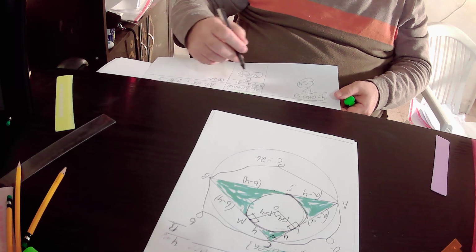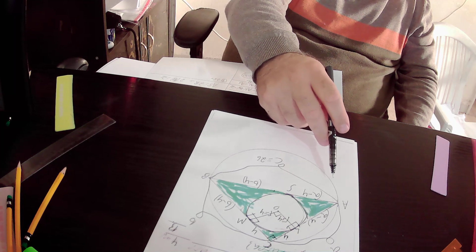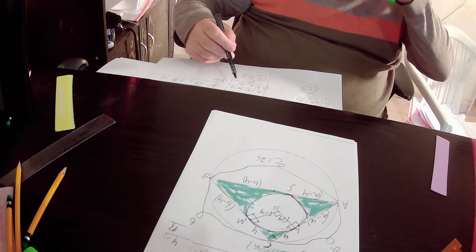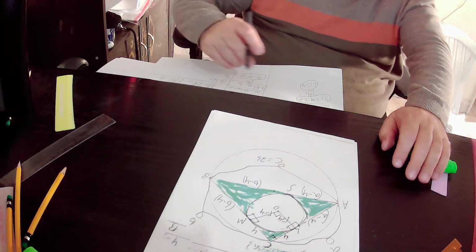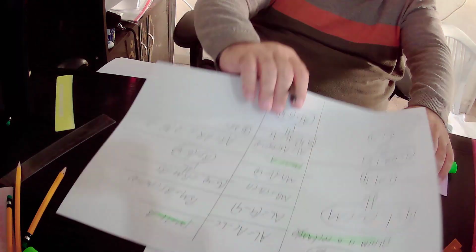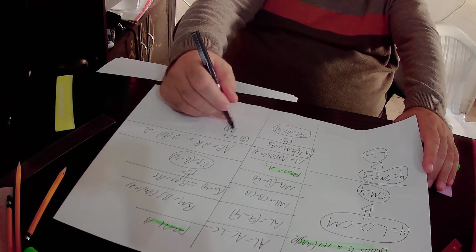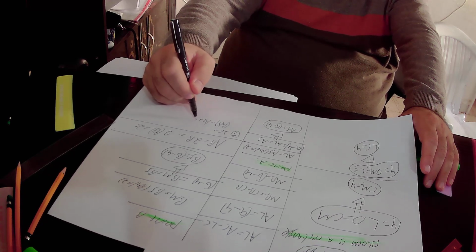But from the other side, the diameter of the big circle AB equals AS plus SB.